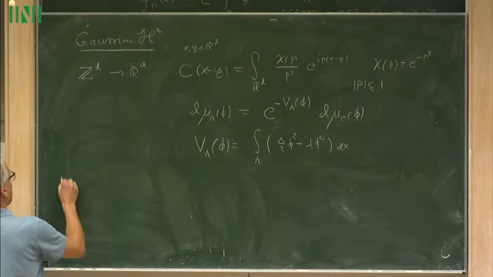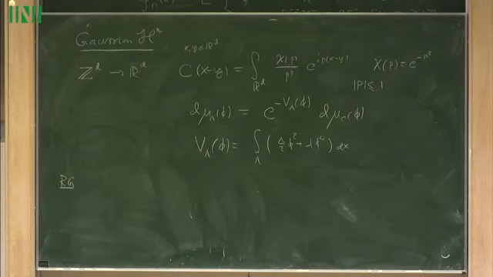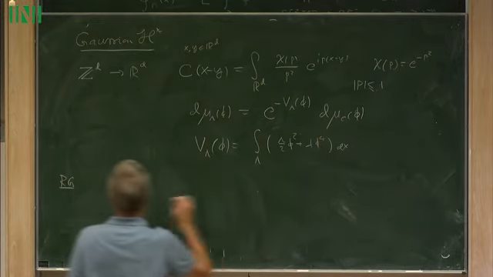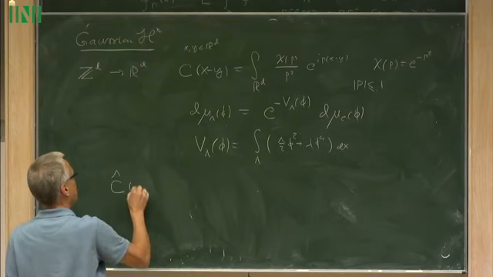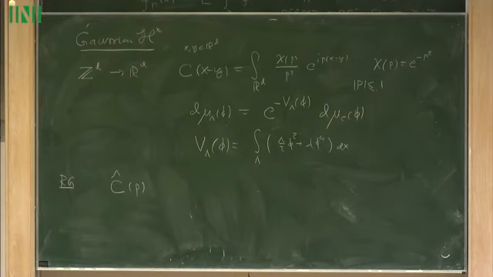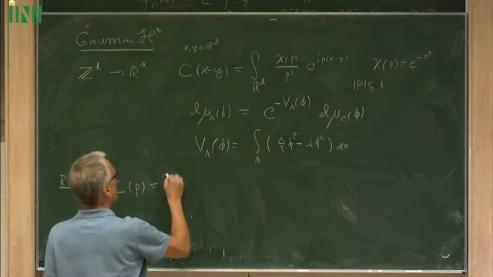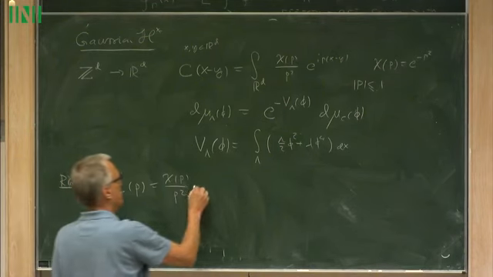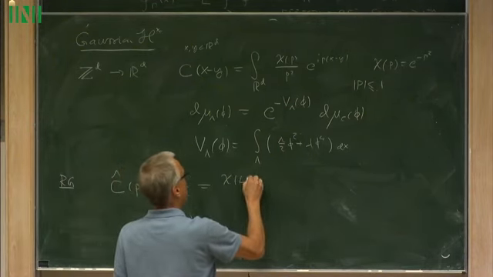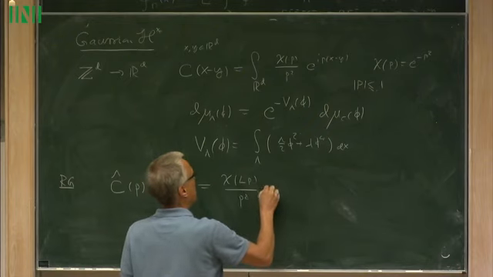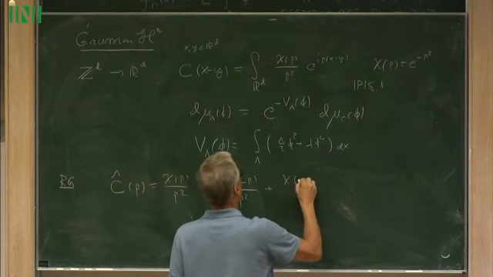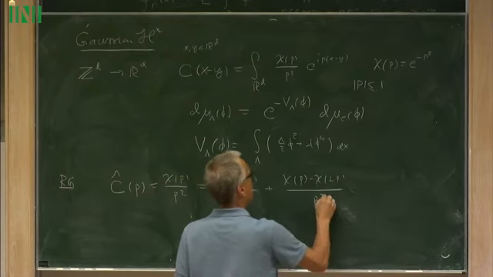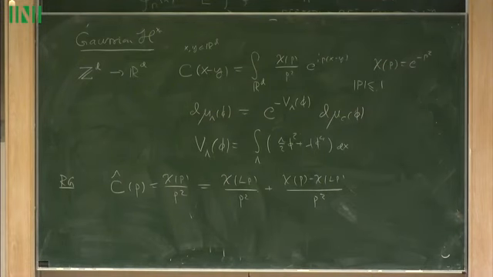So what would the renormalization group be in this picture? Well, it's a very simple thing. You do it to this covariance. So you take this covariance and look at it in momentum space. So it's chi(p) over p squared. And decompose it into 2 pieces: one which is chi(Lp) over p squared, and one which is chi(p) minus chi(Lp). I didn't do anything except that I added and subtracted something.